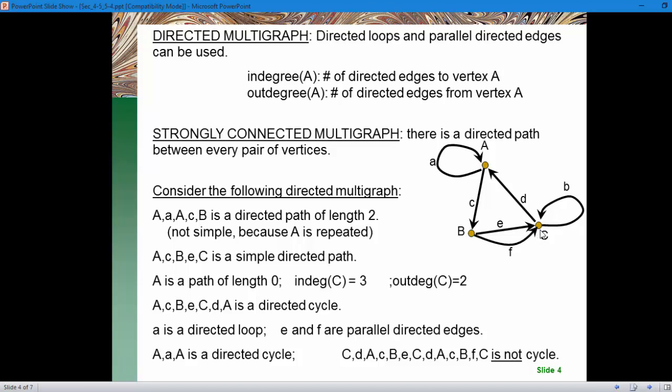Here is the in degree of C, which is 3. And the reason that it's 3 is because there are 3 arrowheads arriving at C, as you can visualize here. And there are 2 edges going from vertex C, which are D and B. So the out degree is 2.